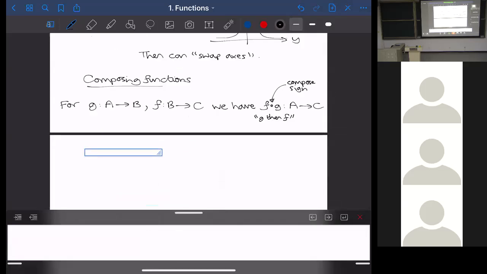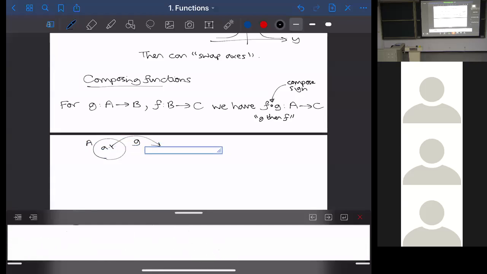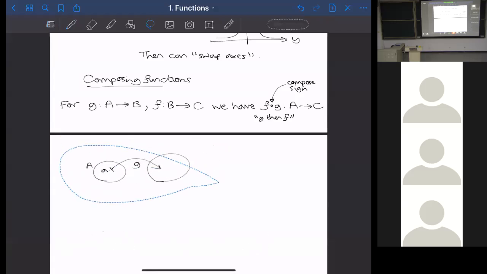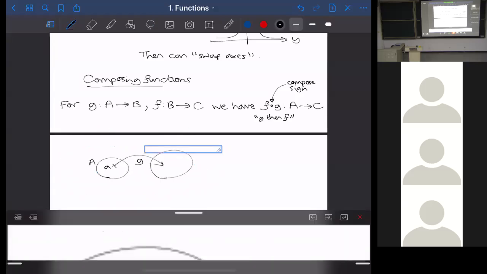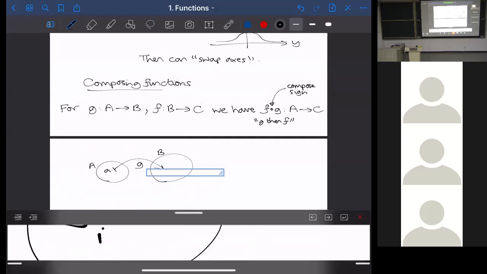Because in a picture, if this is my set A, and this is an object a in it, it can go to a set B, with an element b in it.